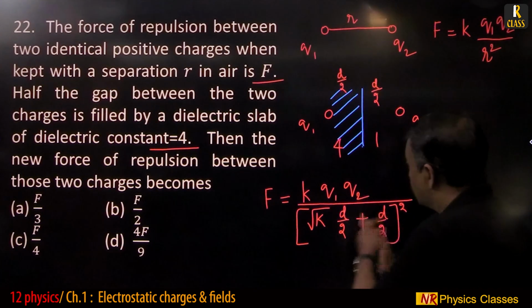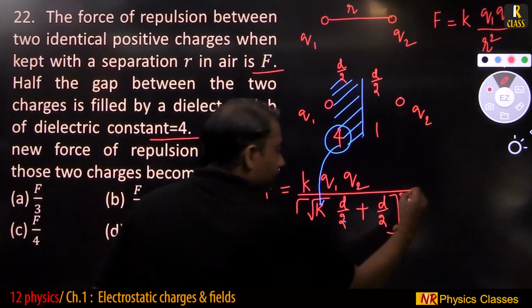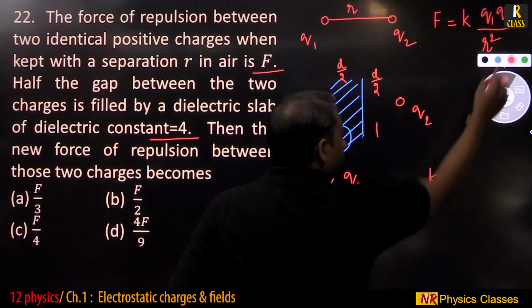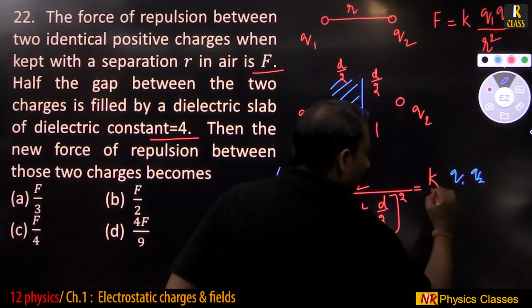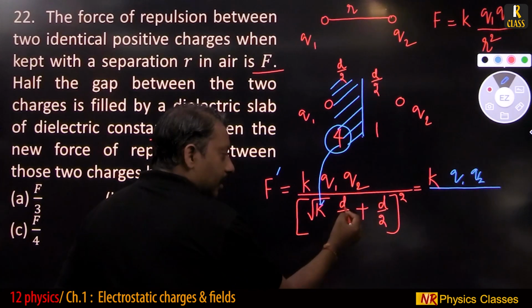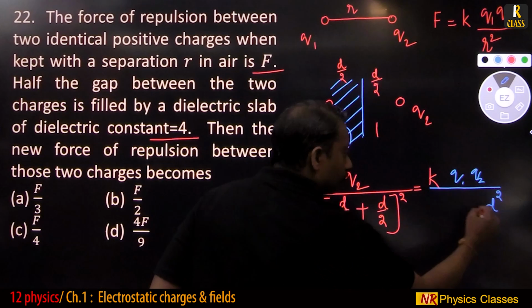So this is how you should solve this problem. Constant Q1, Q2 by, let me take d common factor, and outside this bracket it becomes d square.